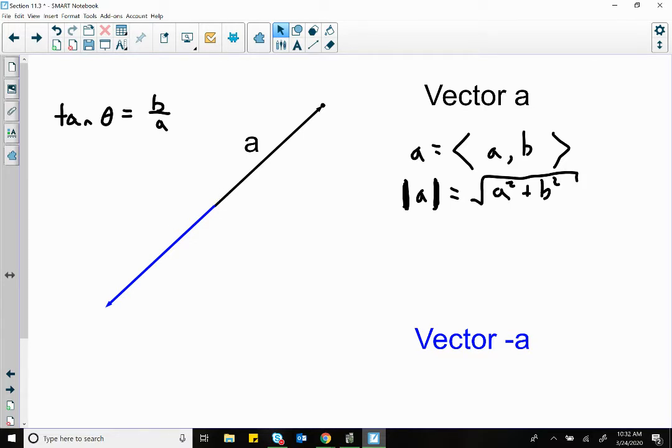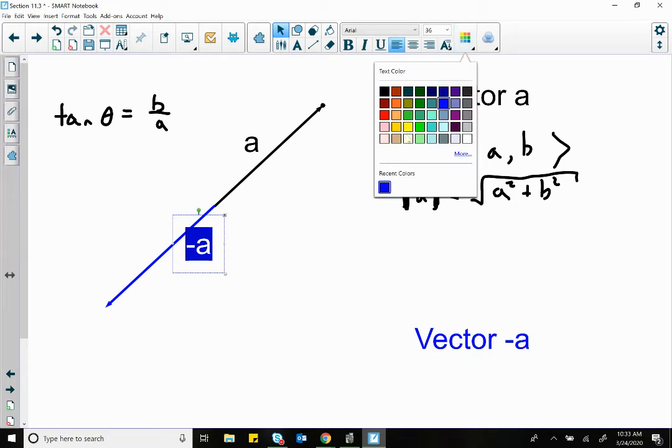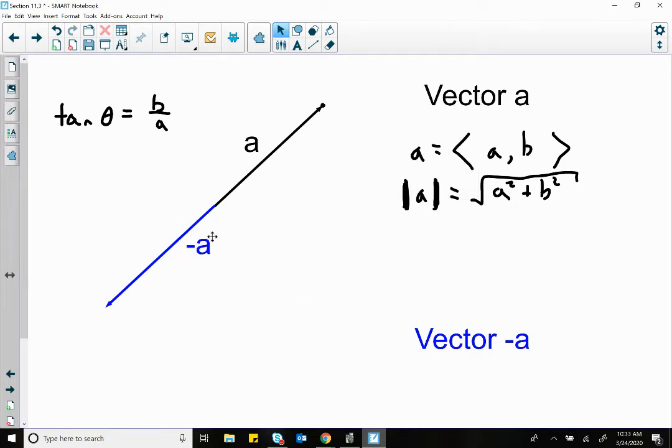They have the same magnitude. They just have a different terminal point because they are going the opposite direction. So that's an opposite vector. This is what a negative A would look like. Let's make that turn colors. So that's an opposite vector. It goes in opposite directions.